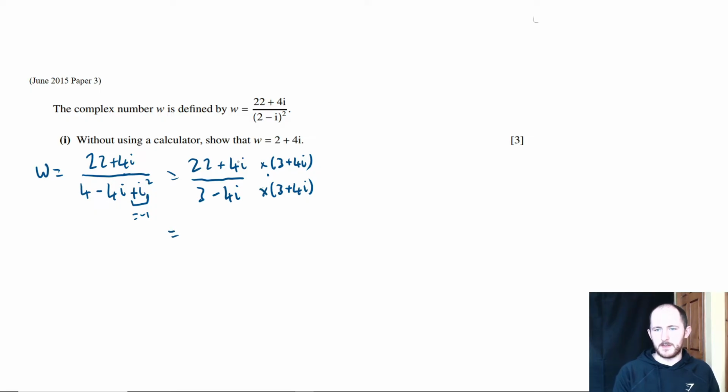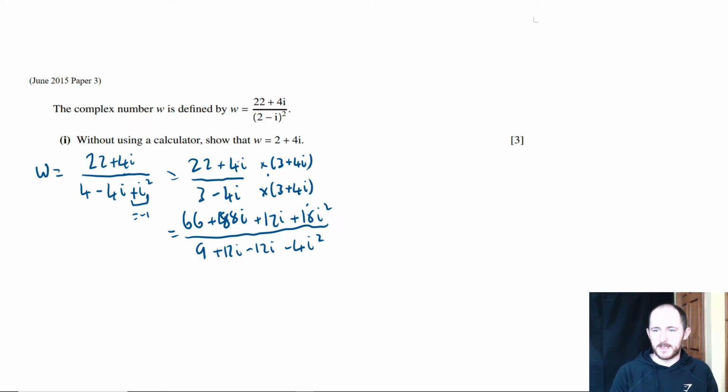That will give me 22 times 3 is 66, 22 times 4i, so plus 88i, plus 12i, and plus 16i squared over 9 plus 12i minus 12i minus 4i squared. So again, this will become minus 16, this will become plus 4, so let's write that out.